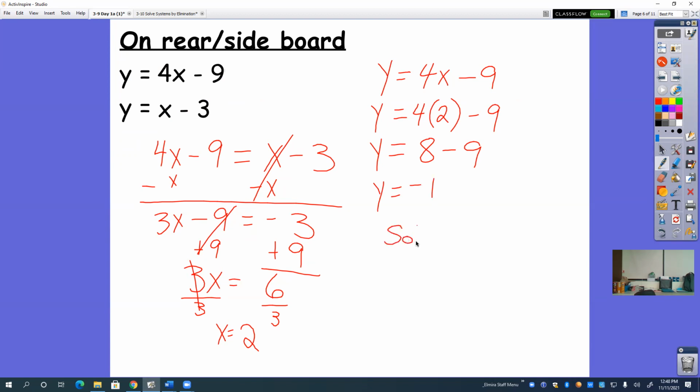So our solution would be the coordinate 2, negative 1. And if you wanted to check it, which you always should check your work just to be on the safe side, use the other equation, y equals x minus 3. So y is negative 1, x is 2, 2 minus 3 does equal negative 1, so it checks out. We know that our work is correct.